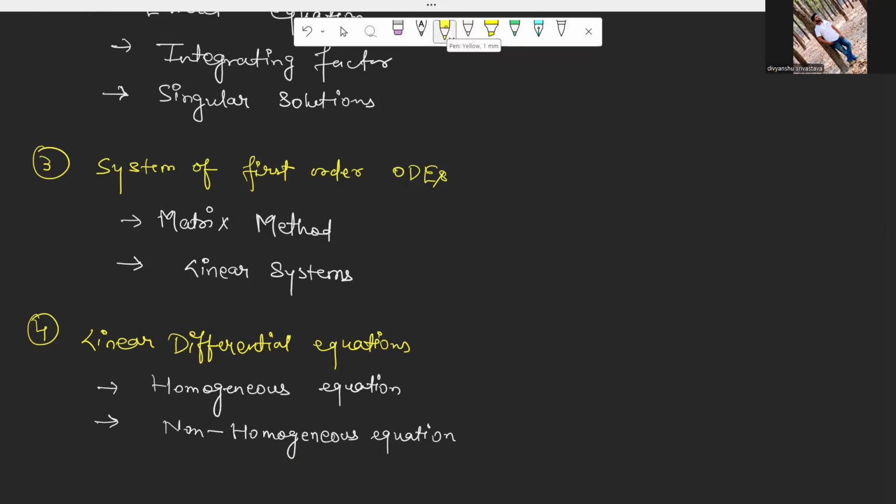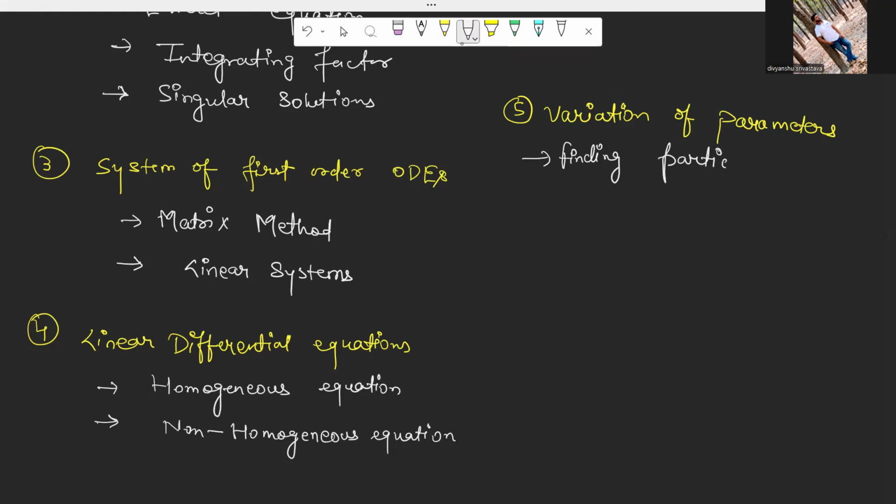Topic number 5 is variation of parameters. In this section, questions will come from finding the particular solution. Point 6 is Green's theorem and boundary value problem.